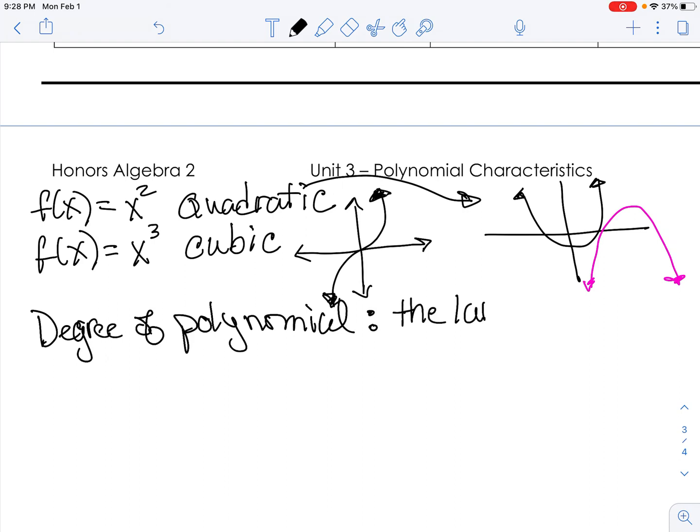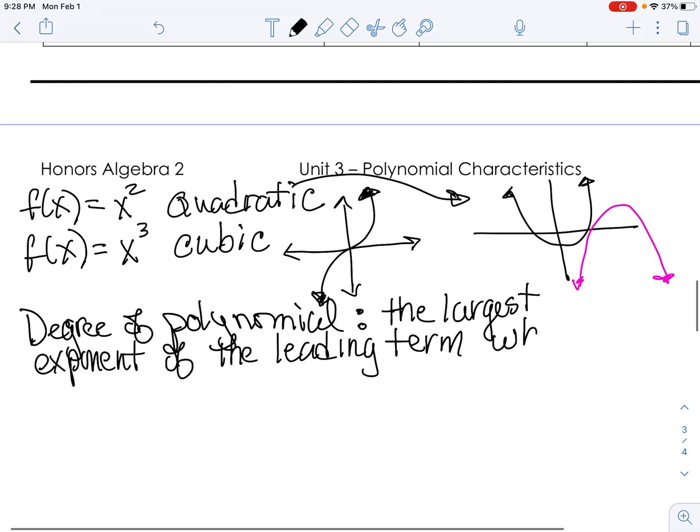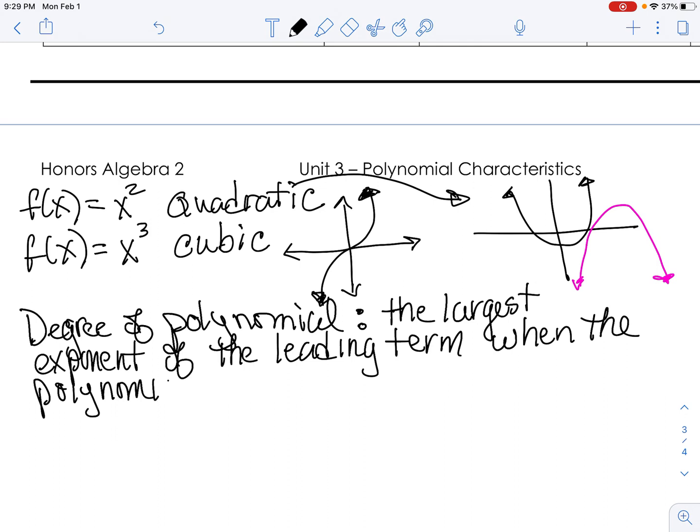The degree of the polynomial is the largest exponent of the leading term when the polynomial is in standard form.